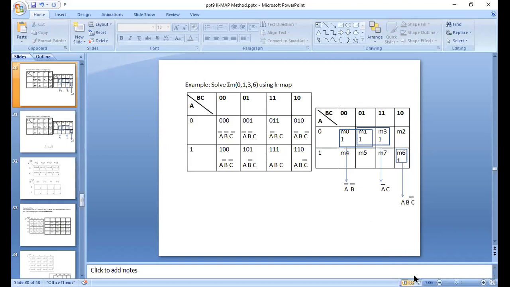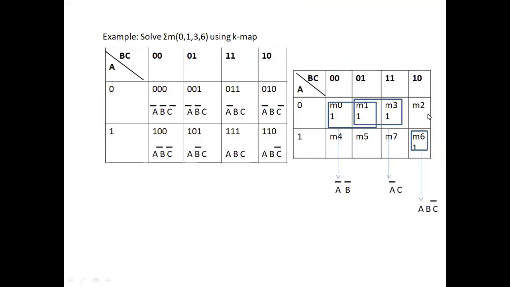Next, M6 is the only cell in its group, so the cell value itself is the solution, that is A B C bar.